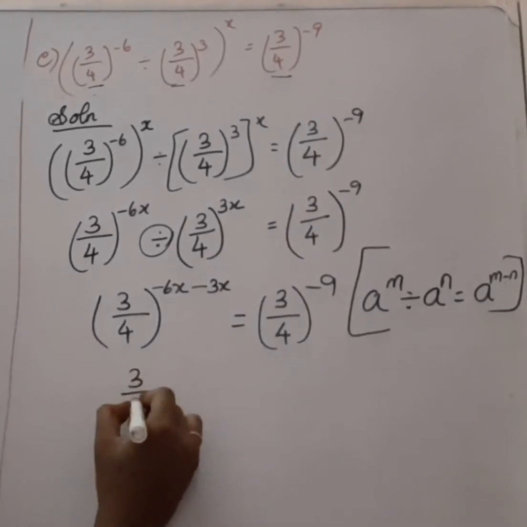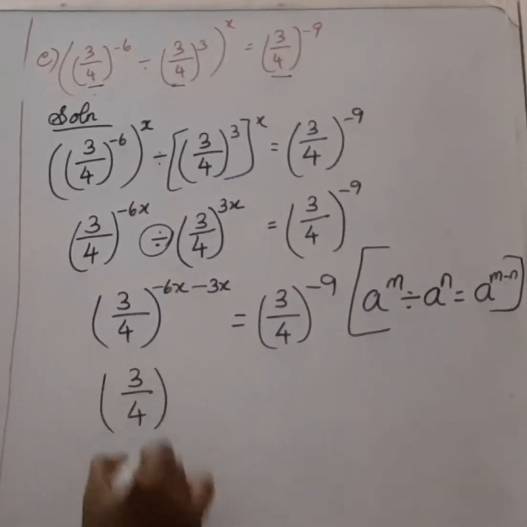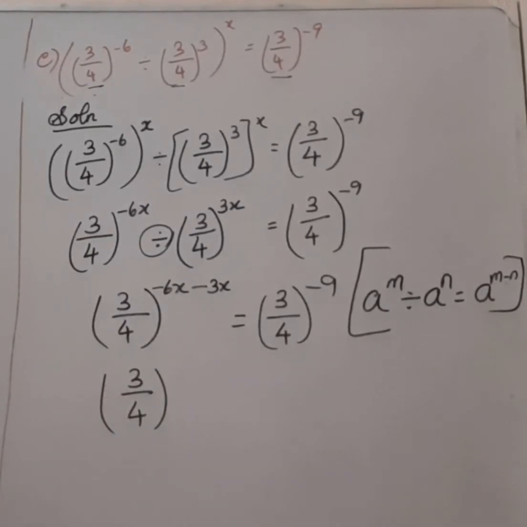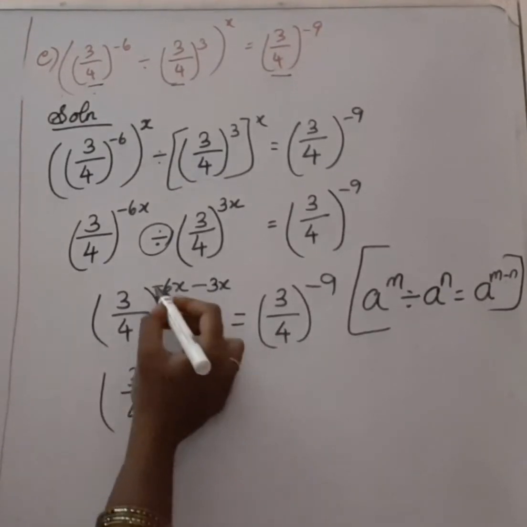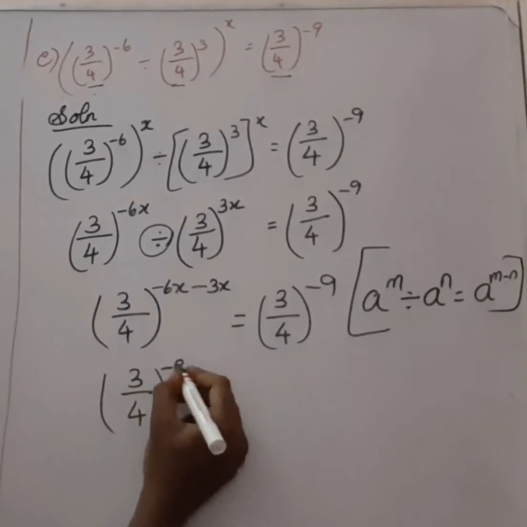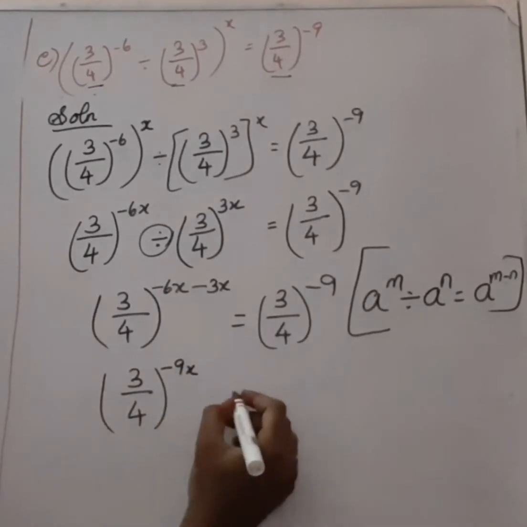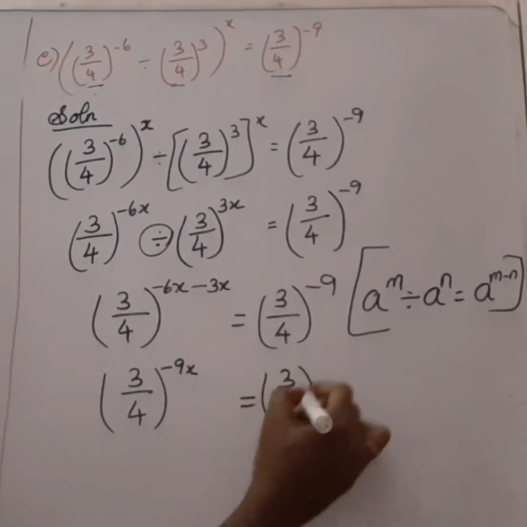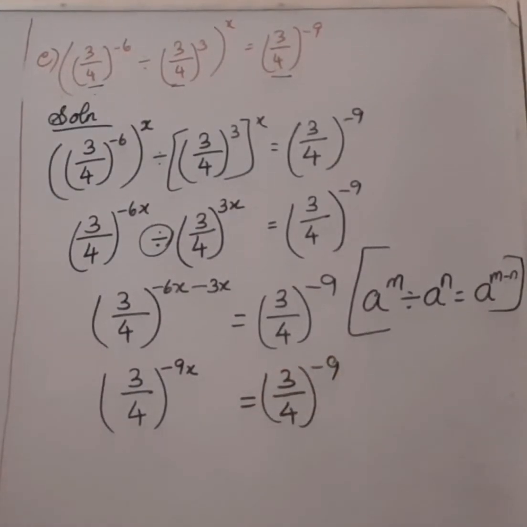Now in 3 by 4 the whole power, both the numbers are negative, so add them. So 6 plus 3 we get the value 9. Superb. The symbol is minus because both the signs are negative, so we also wrote here a negative sign. So minus 9x is equal to 3 by 4 the whole power minus 9.